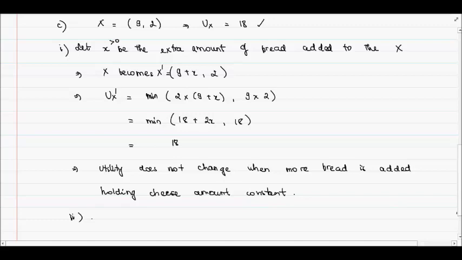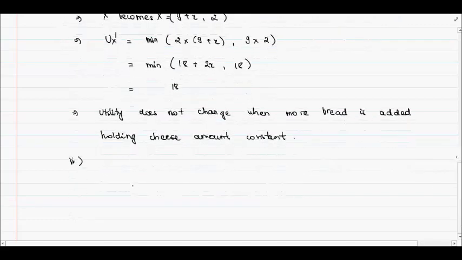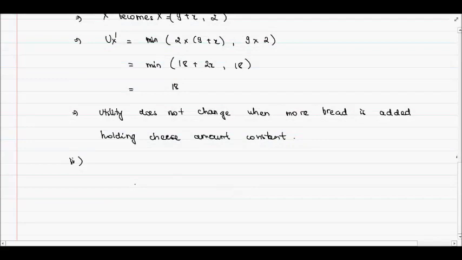Number 2 asks what happens to the utility level when you are adding more and more cheese to the consumption bundle X, while the amount of bread is held constant. So this is the case where bread is constant, however we're adding more cheese.